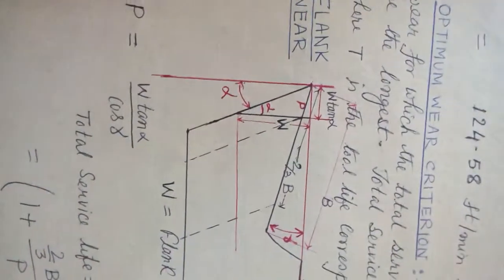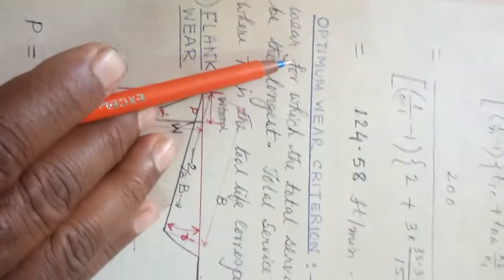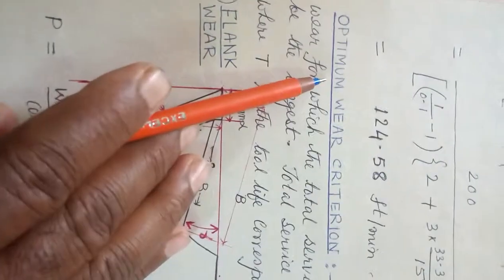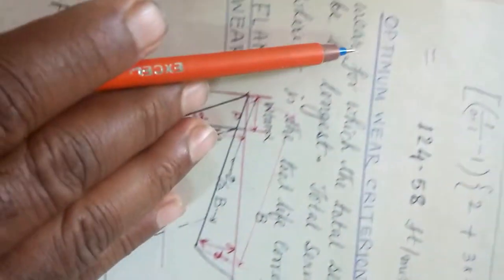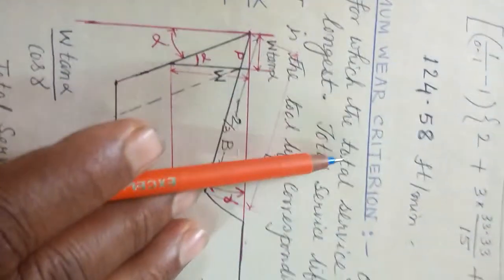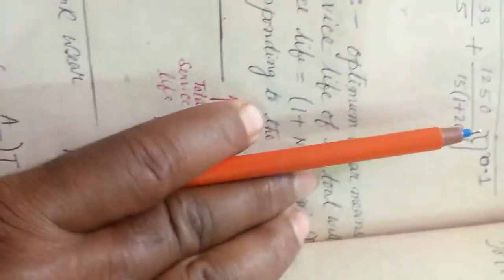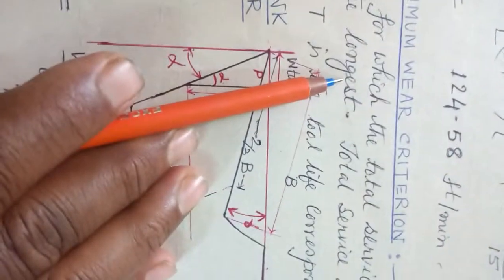Now let us go for wear criteria. Optimum wear criterion. Optimum wear means wear for which the total service life of the tool will be the longest.